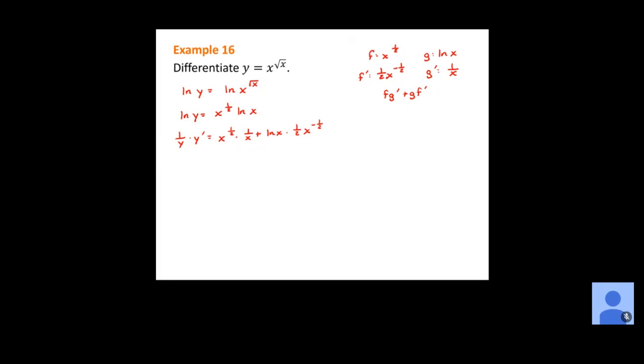Right, so again, I'm going to go ahead and simplify what we've got over here on the right first before I move that y over. So what's x to the 1/2 times 1 over x?